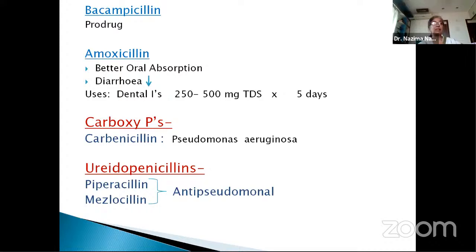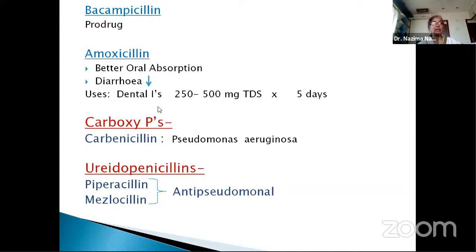Amoxicillin is used in orodental infections in the dosage of 250 to 500 milligrams thrice a day for a minimum period of 5 days. So the frequency with amoxicillin is thrice a day, whereas for ampicillin, we have to give it 4 times a day, or QID. So that is another difference why we are not preferring ampicillin.